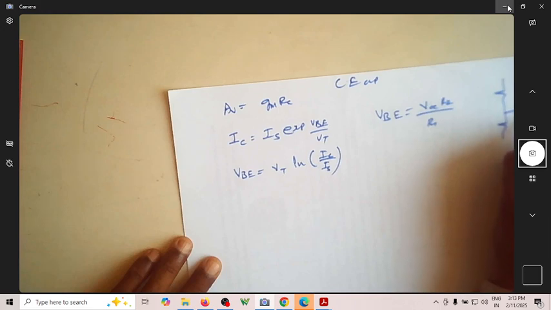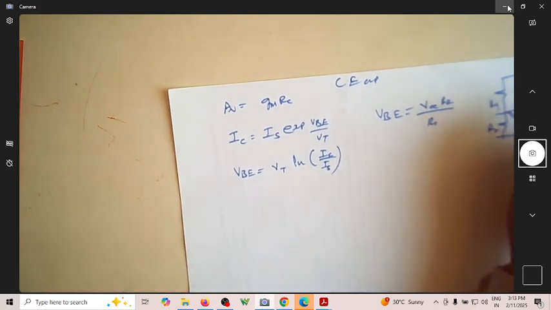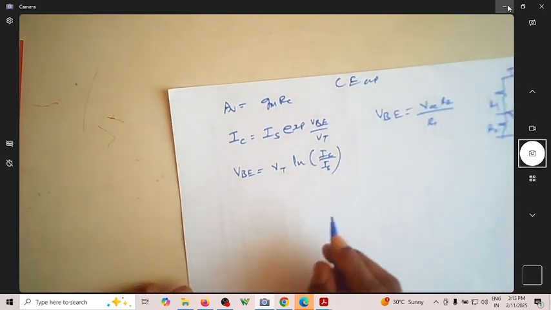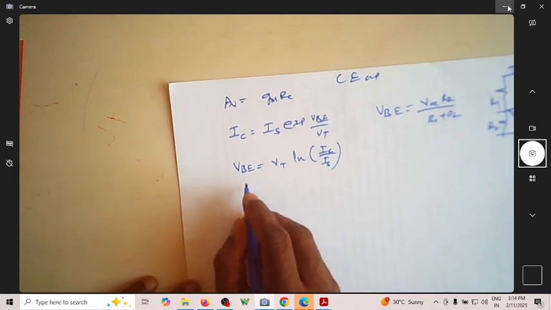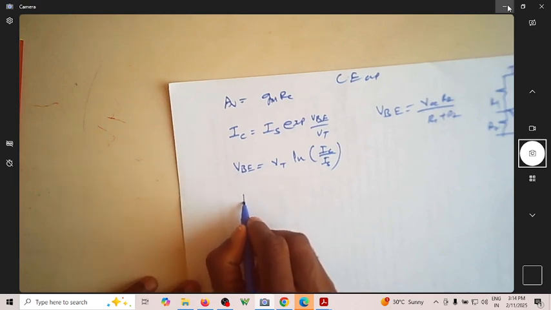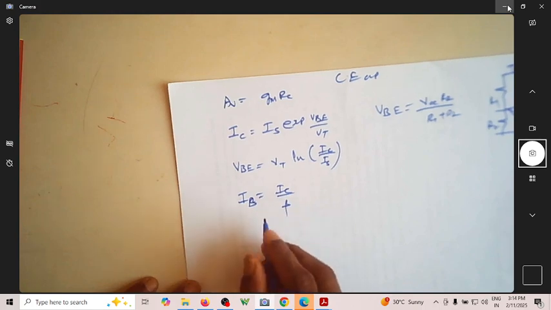For a circuit which is something like this, this is R1, this is R2, this is VB, this is V0, and this is VD. VB equals VCC R2 by R1 plus R2. And then you have the expression for IC, of course IB is equal to IC by beta.